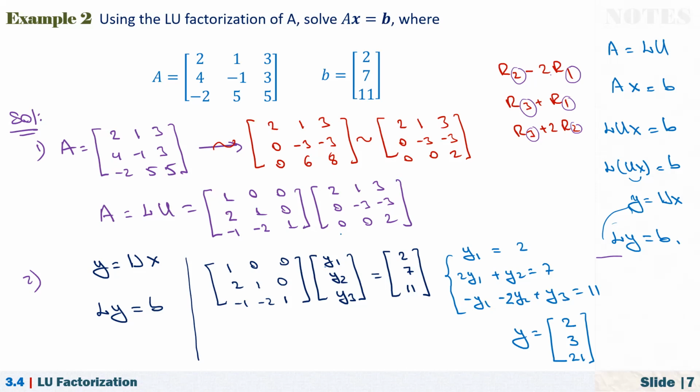So there's 1, 0, 0, 2, 1, 0, minus 1, minus 2, 1, right? So from here, 7 minus 4 is 3, and it is minus 1, so 11 plus y1 is 13. 13 plus 6 is 19. It's 19, right? Okay, 2 and 3 and 19. Okay, that's the first part.